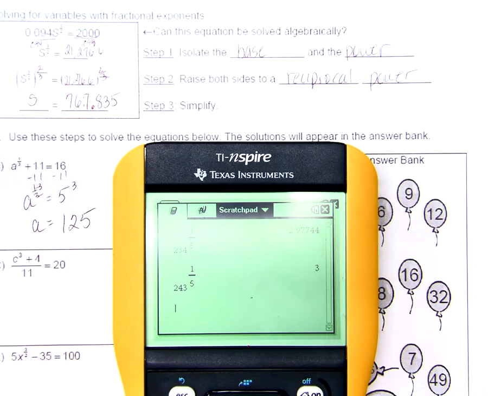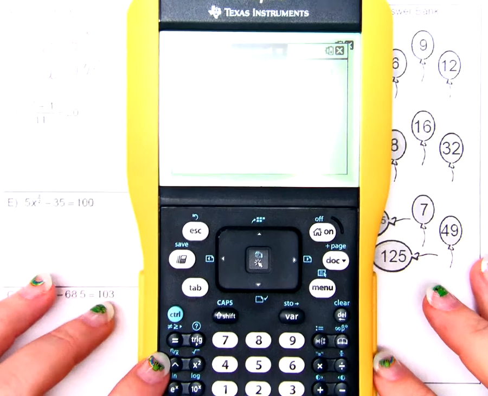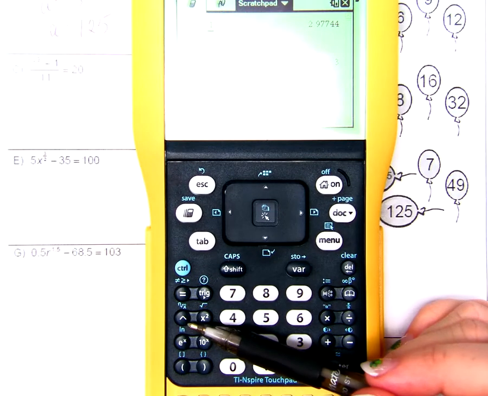But remember our conversation from Monday? What does it mean to raise something to the 1/2 power? A square root. What does it mean to raise something to the 1/3 power? A cube root. So what do you think it means to raise something to the 1/5 power? The 5th root, right? So what I want you to look at specifically is this caret button that Emilio made so much fun of me for the other day.